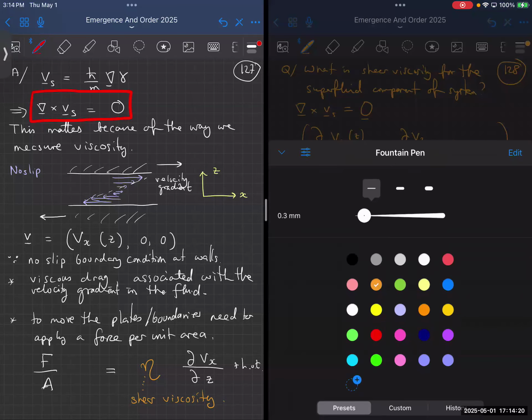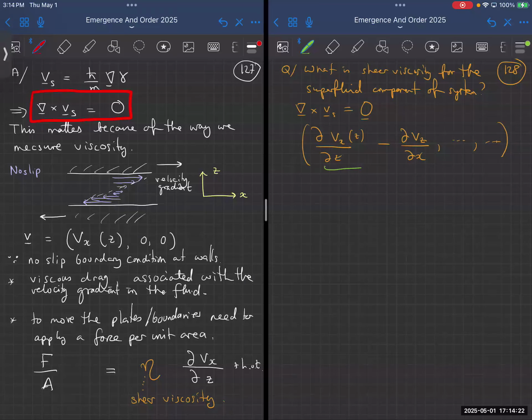So the only term that we have to focus on is this term. But we know that v in the z direction is equal to 0, and we know that this curl is equal to 0. So we know that therefore dvx by dz is equal to 0. And so that means that the force per unit area that I need in order to create the situation is 0.